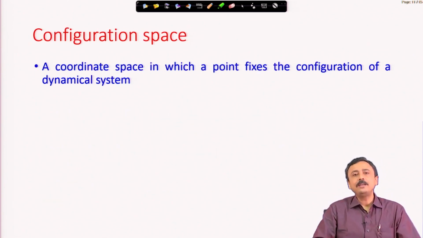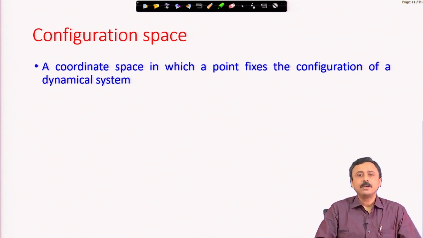Now, how do I define paths of a dynamical system? For example, if I take a particle, then the path of a particle is how the x, y, z coordinates of the particle are changing in the 3-dimensional space. How is it changing? That is a path. In a rigid body, let us say, there is the motion of the center of mass and the change in orientation, and we have already discussed how orientation can be represented as paths, let us say on spheres or within spheres, for example using Euler parameters or axis angle representation.